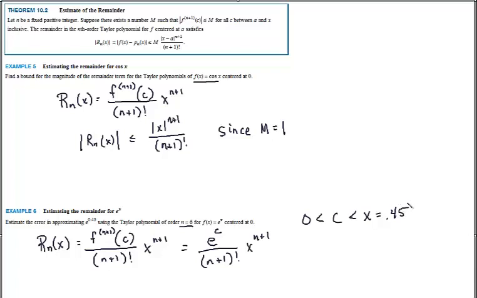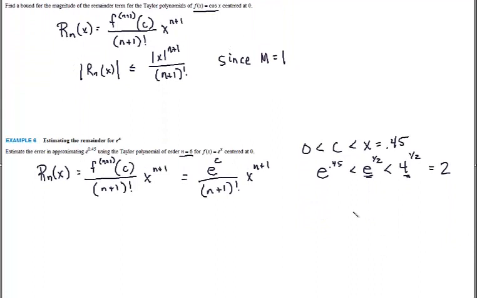So I need to get some value that is less than that. So in thinking about what I want my M to be, I could say that e to the 0.45 is definitely less than e to the 1/2, or 0.5, and that's going to be less than 4 to the 1/2, which I know the value of because this is 2.71 something and this is 4, and this is a 2. So I'm going to choose my bound in this case to be 2.